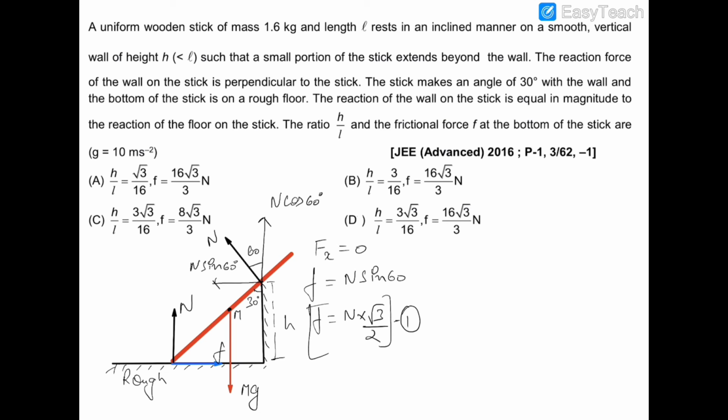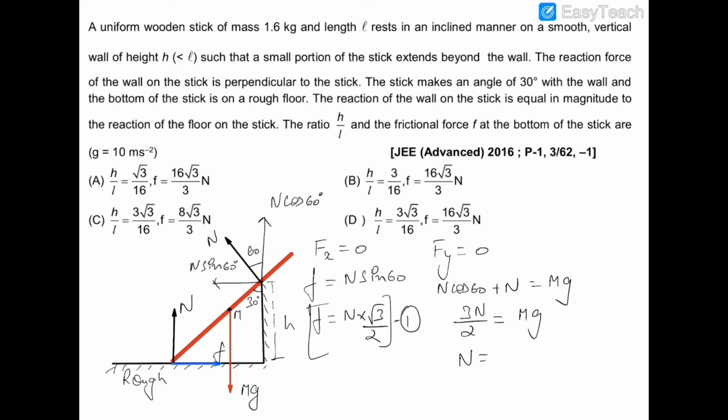Now equating the forces on the y-axis to be 0, we can say that n cos 60 plus n, this is n cos 60 and this is n, and these two are equal to mg. So this is 3n by 2 is equal to mg, and mg is 16 newtons.